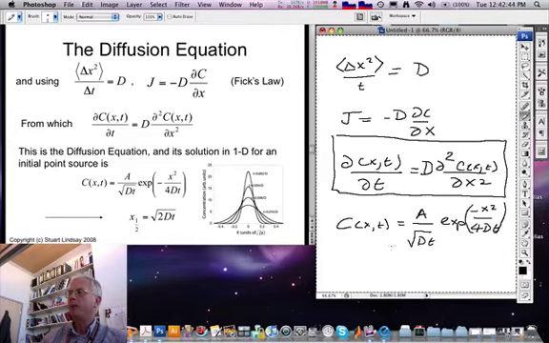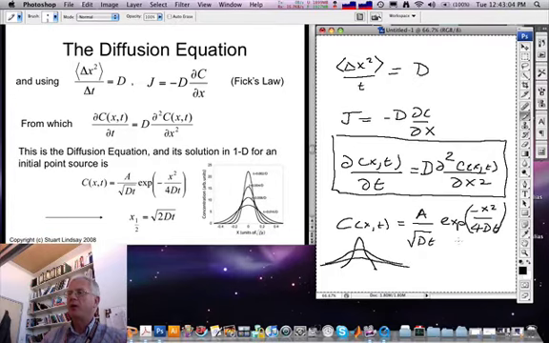And what you see is that a distribution that's originally like this flattens out with time and broadens, as one would expect, as entropy is maximized.